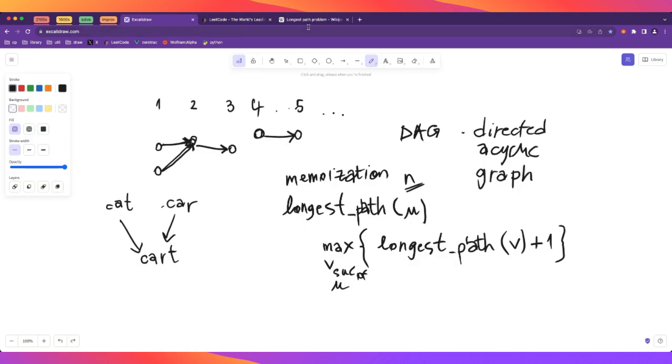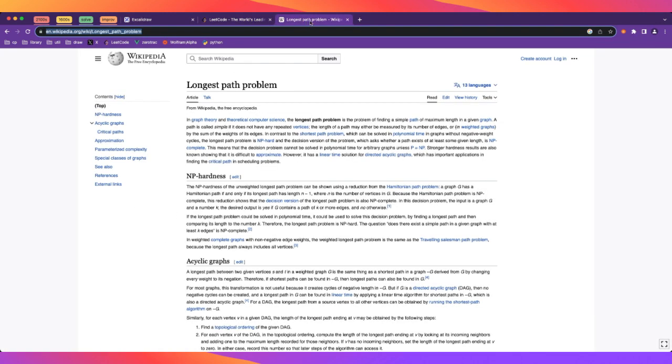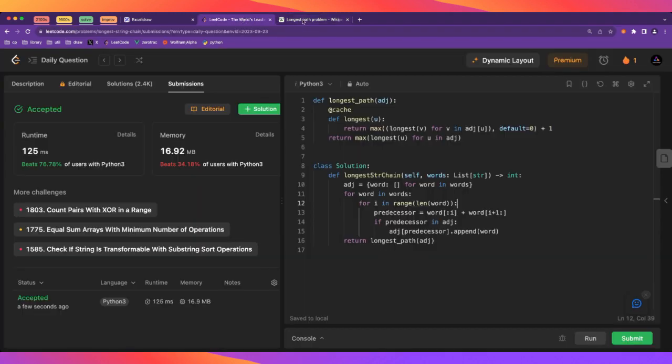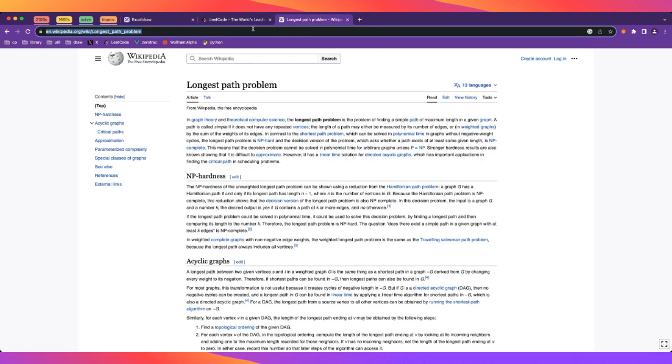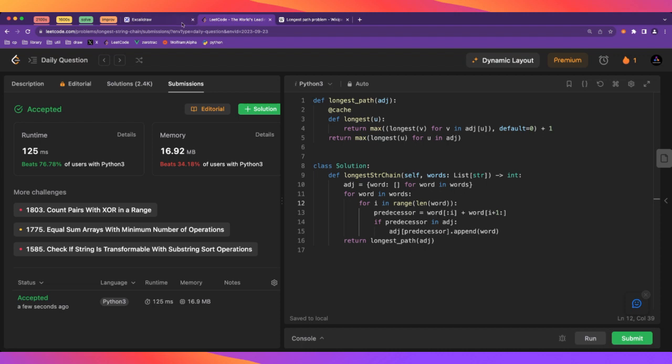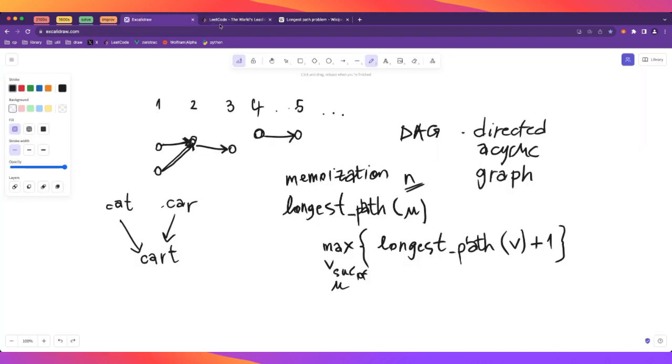Let me do a recap. So this is why I titled this stream longest path. This is the longest path problem. We mentioned that in general, this is what is called an NP hard or NP complete problem, which means that there is no polynomial solution to it, or at least it's strongly suspected that there is no polynomial solution to this problem.